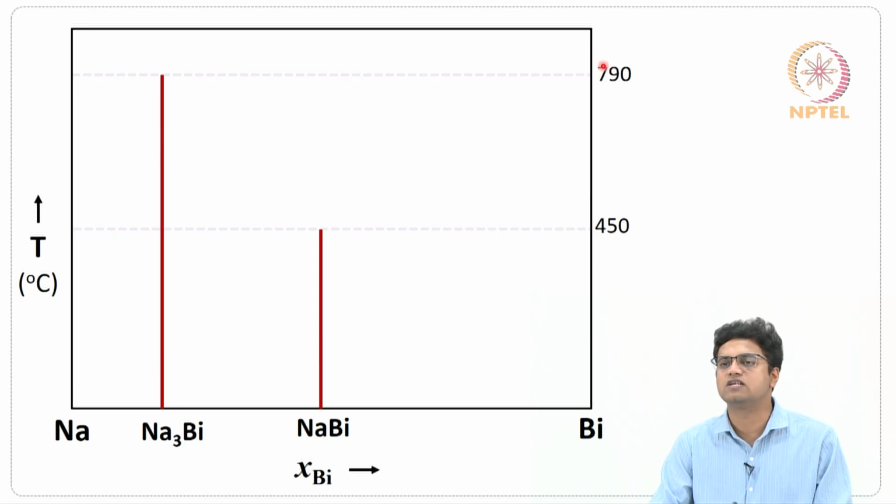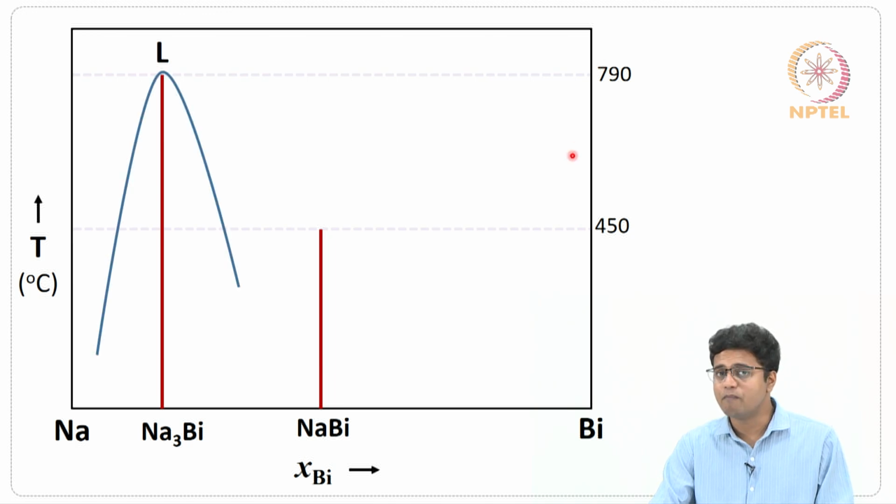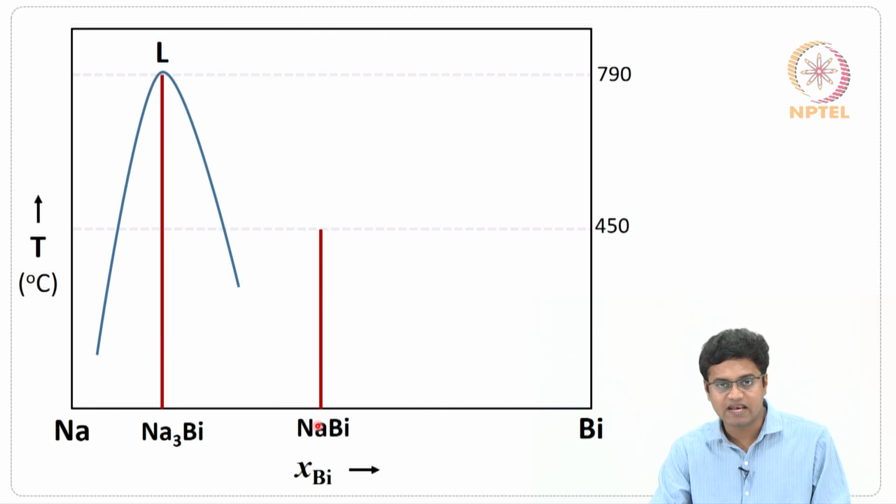It is not to scale. Now, since Na3Bi melts congruently, above it you have only pure liquid, so I have drawn the liquidus cap, because above that you have pure liquid. However, NaBi decomposes incongruently.